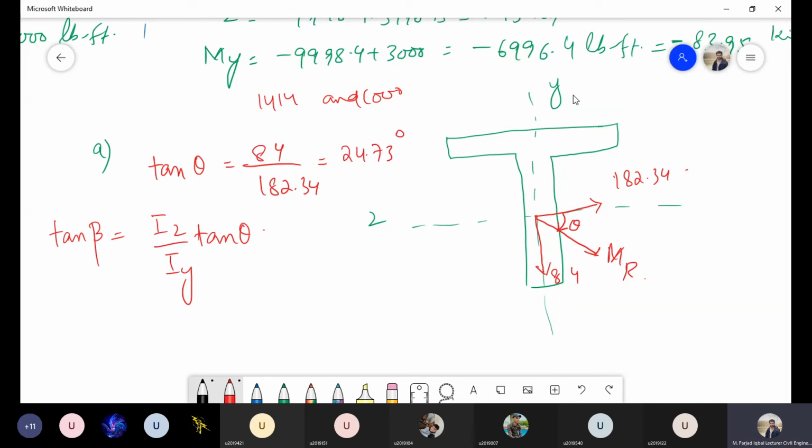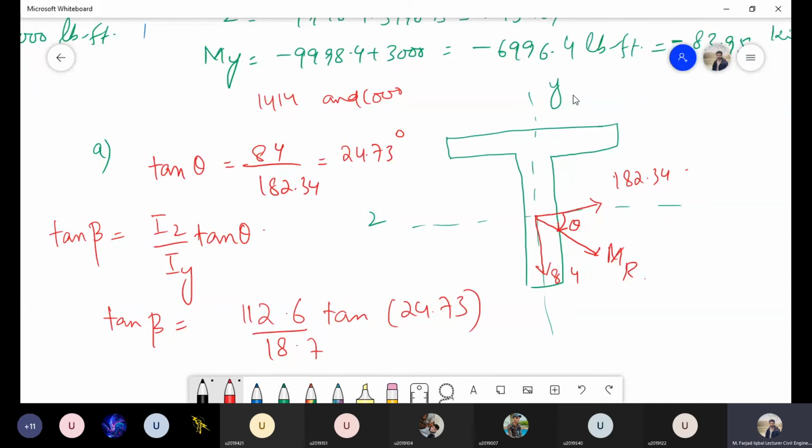24.73 degrees. Now if I substitute this angle into this equation, I can directly get tan of beta. So tan beta will be Iz over Iy, where Iz was given to us as 112.6 and Iy as 18.7, times tan of 24.73.